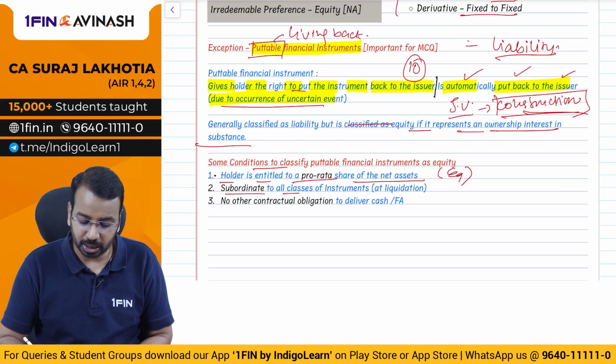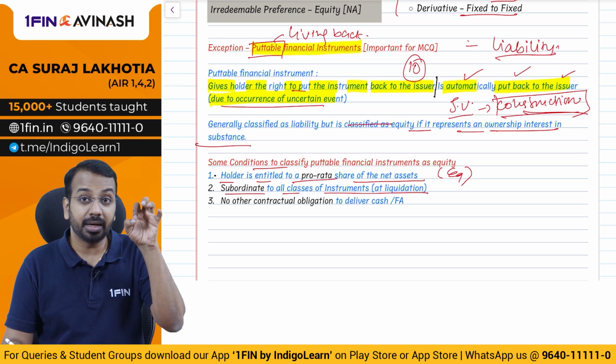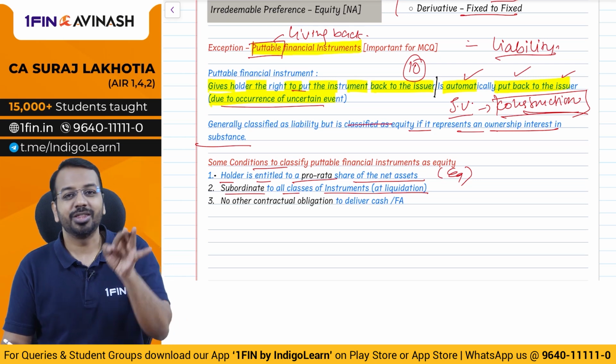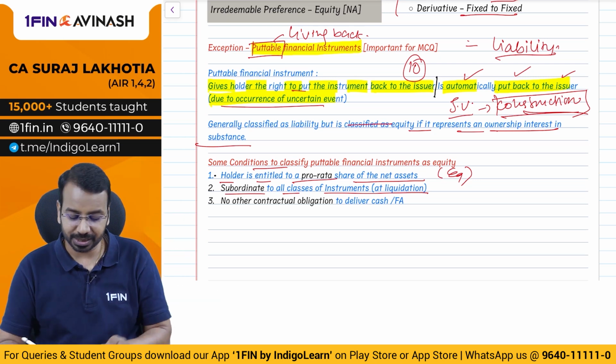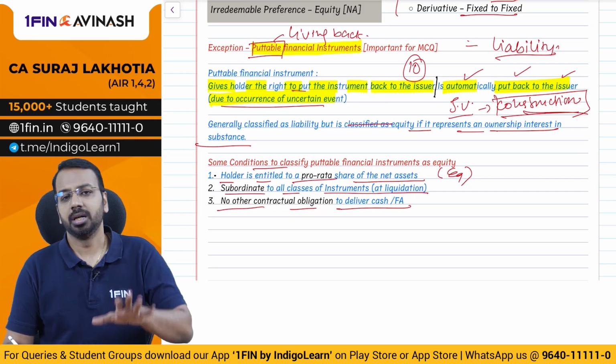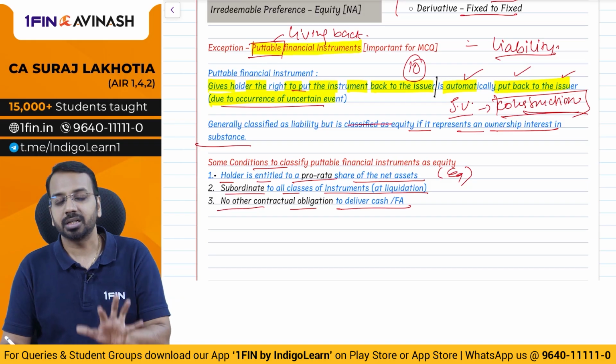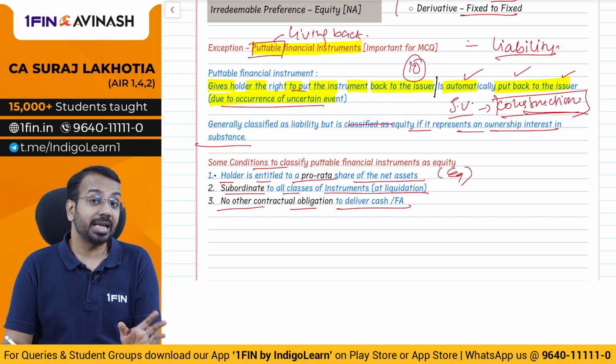It is subordinate to all classes of instrument. It will be last. If the entity goes under liquidation, these holders will get the payment at the last, and there is no other contractual obligation to deliver cash or financial asset. There are more conditions, but for you these many conditions are sufficient. If these conditions are satisfied, you will classify that as equity.